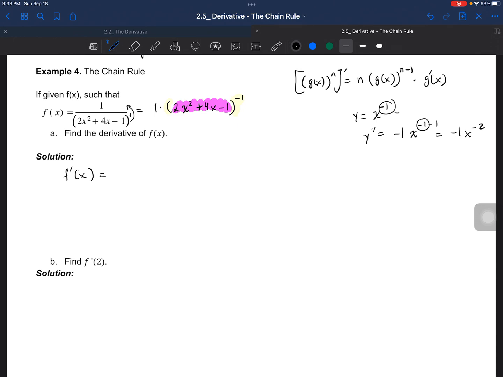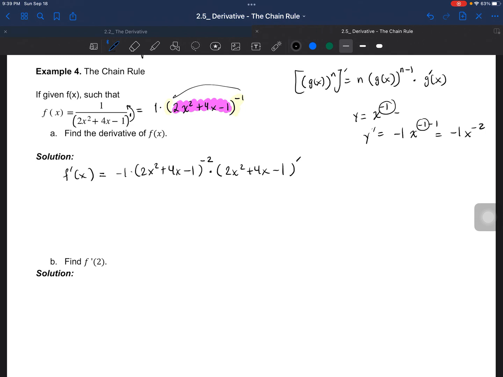So we bring down the power, negative 1, leave the inside as it is, take away 1 from the power, which gives us negative 2, since negative 1 minus 1 is negative 2, and then multiply by the derivative of the inside. Now what is the inside? It was just 2x squared plus 4x minus 1. And so basically you have found the derivative.